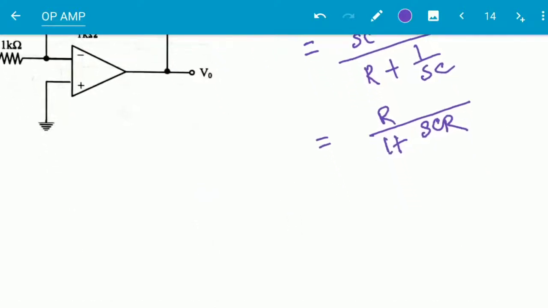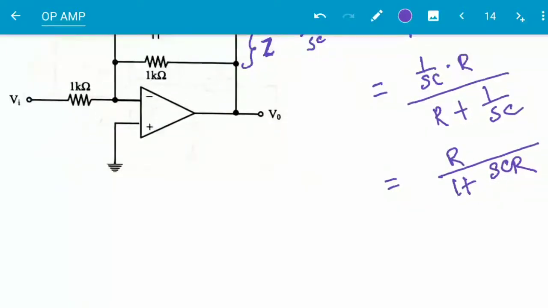So V output by V input is minus Z by R. As we have already solved many problems like this, we can write directly minus Z by R. This is the inverting amplifier formula, and if we don't want to remember those formulas, we can derive it at the instant.